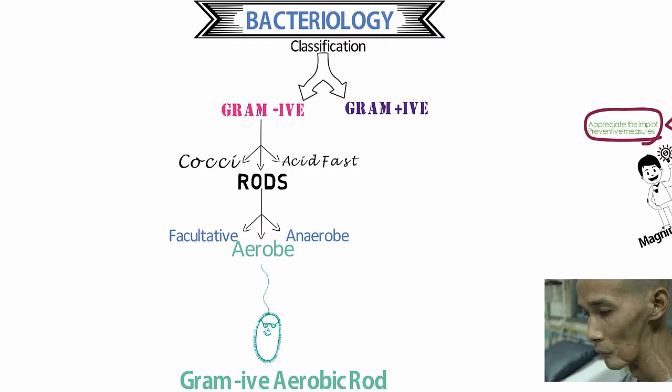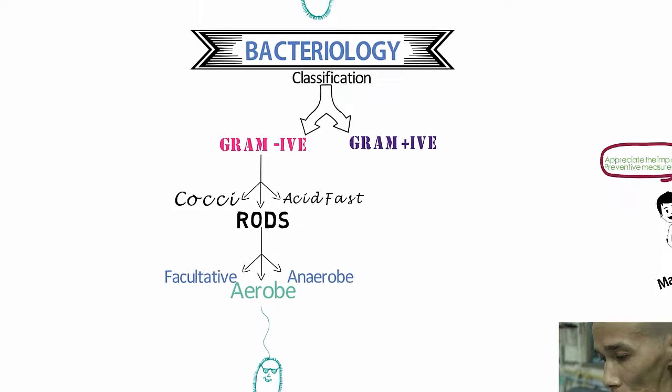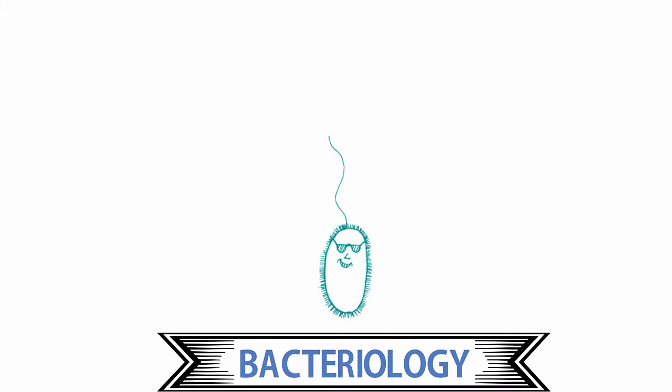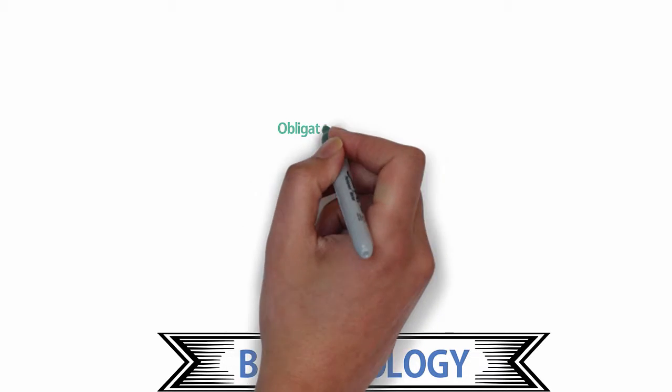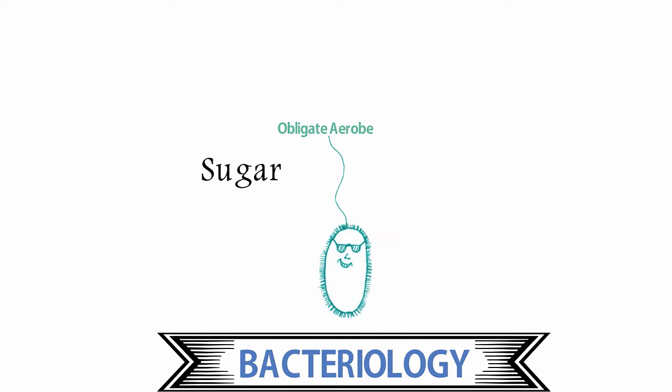After this brief overview, let's have an in-depth view of the bacteriology of this bacteria. Like other enterobacteria, it is a gram-negative rod. But unlike other enterobacteria, it is an obligate aerobe.